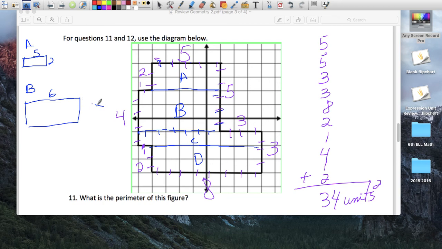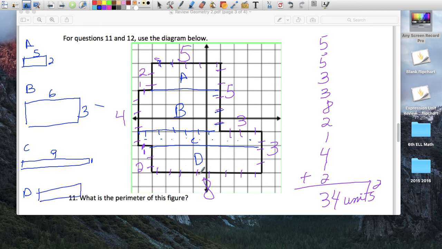So it's a 6 by 3 rectangle. Rectangle C is a very thin one like this, and obviously the height is just 1, and going across is 1, 2, 3, 4, 5, 6, 7, 8, 9. It's 9 going across. Rectangle D is this one at the bottom.